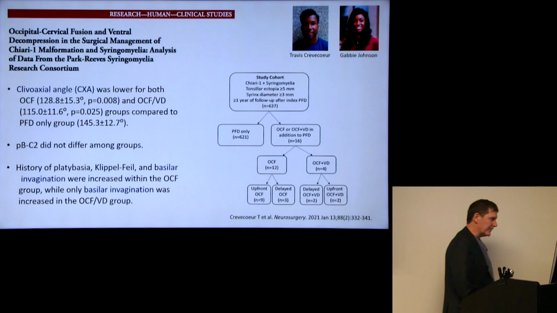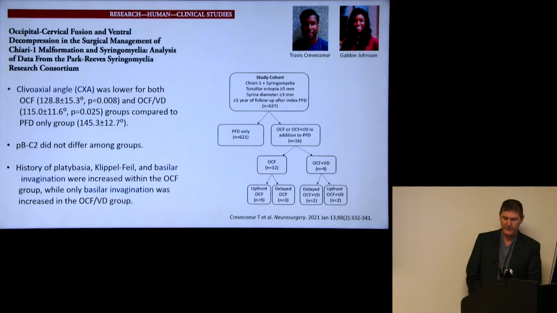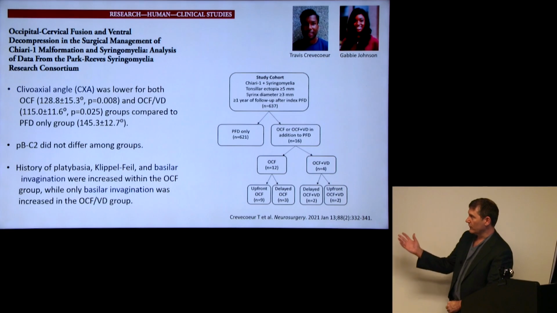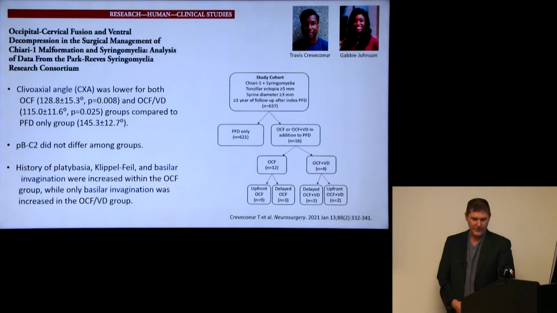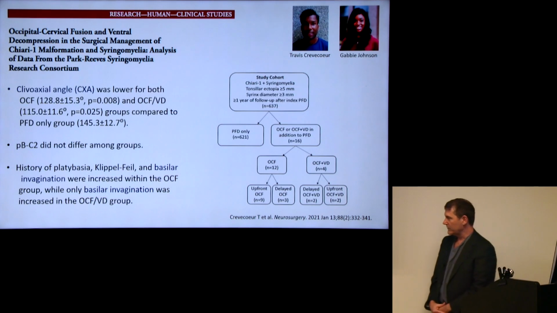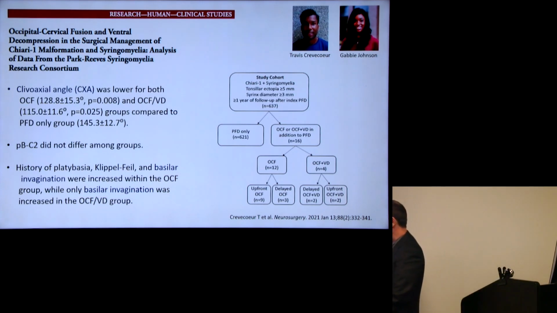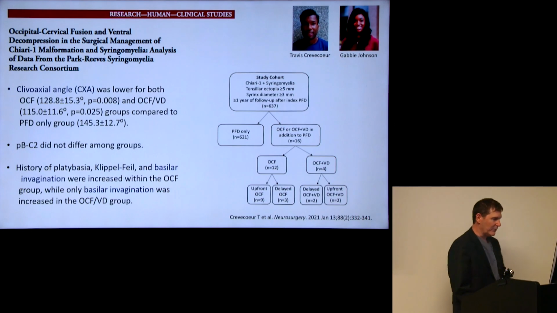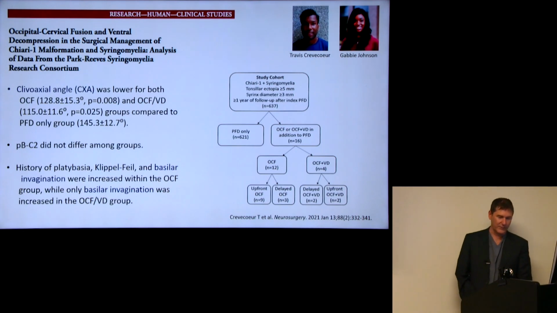And this is a very controversial topic in our field. And the reason I wanted to show this is that at least in the Park-Reeves database, the patients that actually went on to get a fusion were relatively uncommon. So it was about 2.5% of these patients ended up going on to receive fusion.